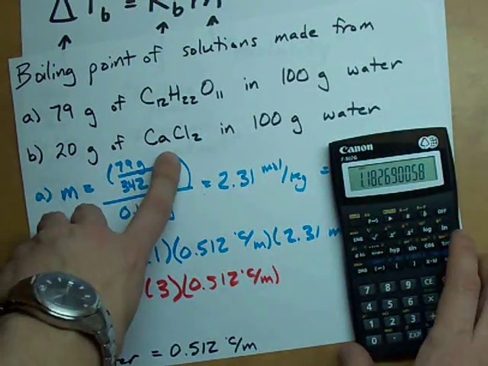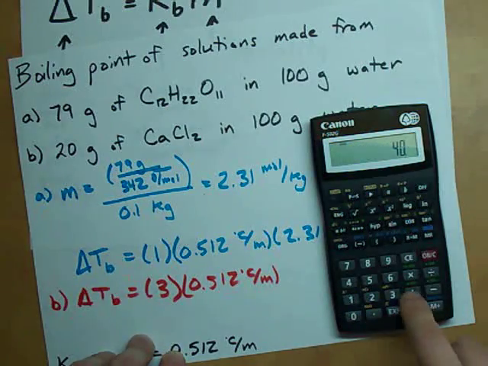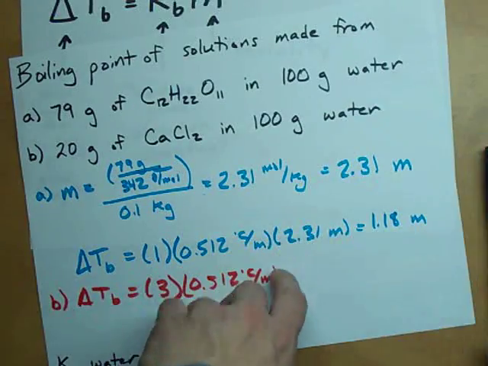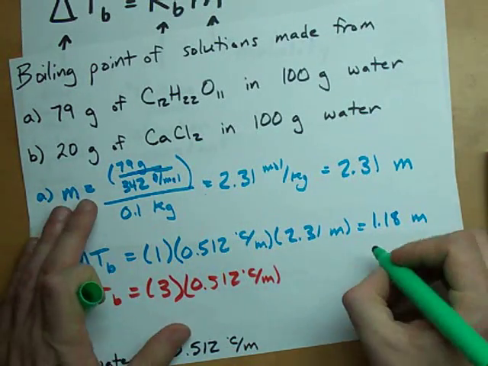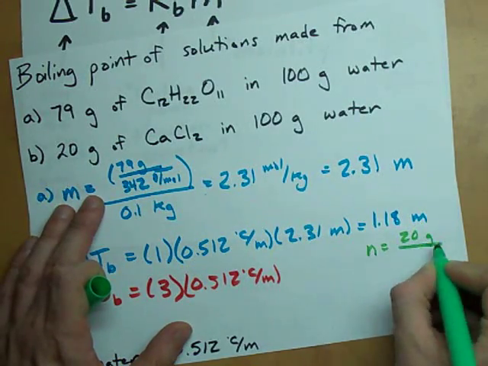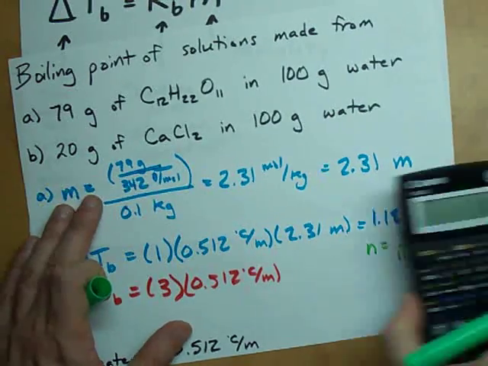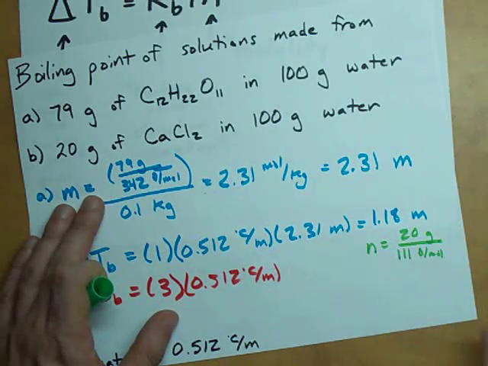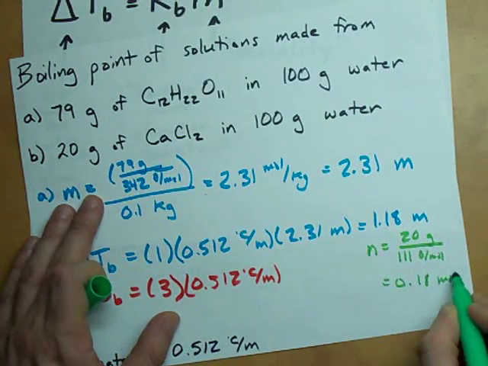Well, what's the molar mass of calcium chloride? You have to add up 1 calcium and 2 chlorines. I get 111. Let me just do this little calculation to the side. The number of moles here is 20 grams divided by the molar mass of 111. 20 divided by 111 ends up with 0.18 moles.